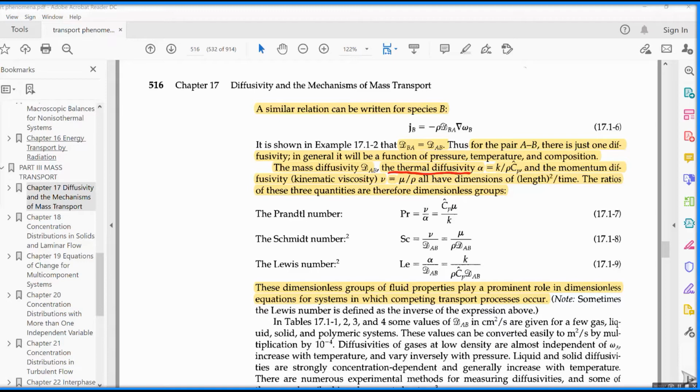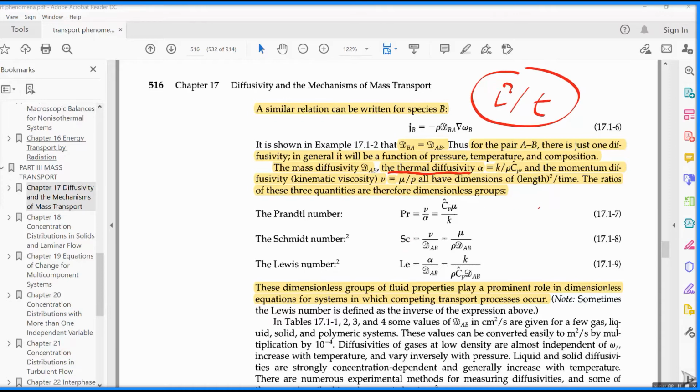The momentum diffusivity, kinematic viscosity, we define as viscosity divided by rho. All of these have the dimension of length squared over time. Also mass diffusivity, DAB or DBA or D, has the same dimension, length squared divided by time.